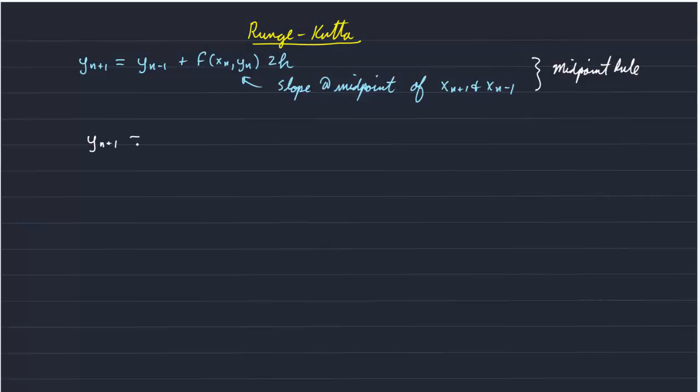So y sub n plus 1 is equal to the first guess, y at the previous point, plus an estimate of the slope between those 2 points, taking the average of the slope at x sub n, y sub n and the slope at the adjacent point.